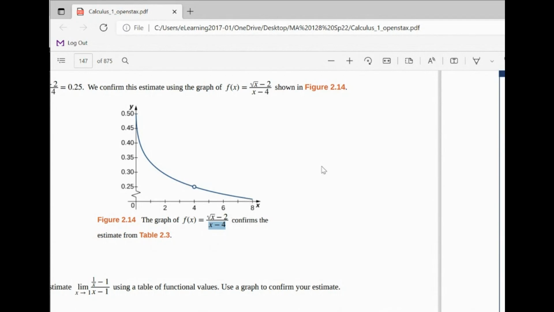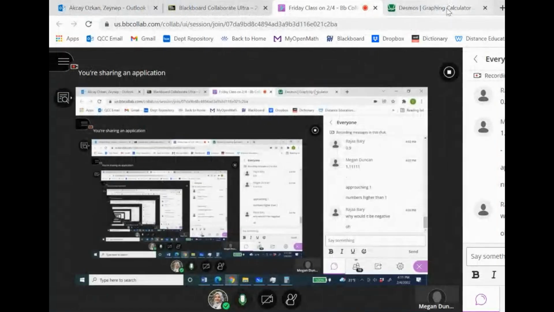But if you draw this function in the Desmos graphing calculator, it doesn't show you that it is not defined at that point. So that's one thing you should be careful about when using graphing calculators. It may not show you that the function is not defined at this point.